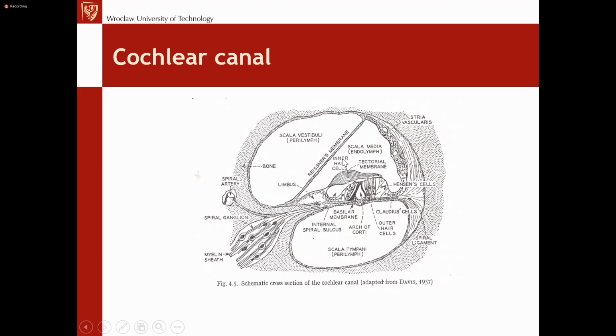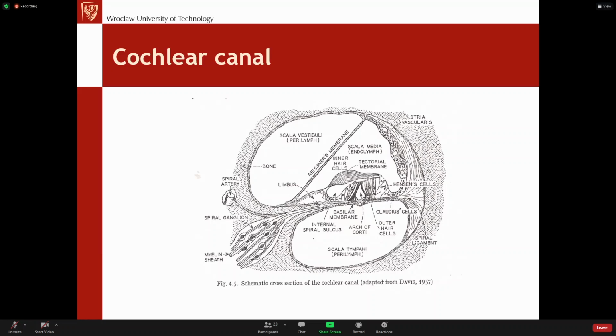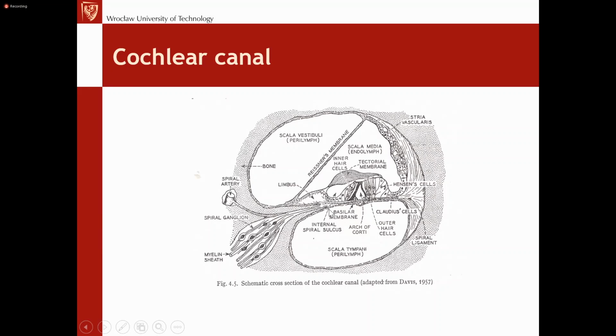And we can also find the tectorial membrane and basilar membrane, and between those two membranes we can find the outer hair cells as well as the inner hair cells. And these two kinds of hair cells are very important for sound transmission, very important for the sensation of sound.